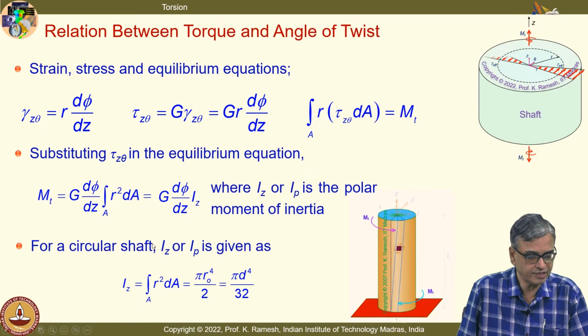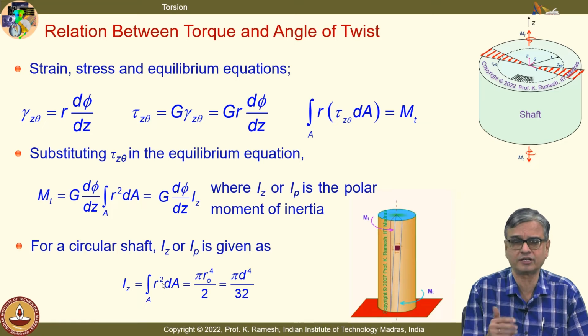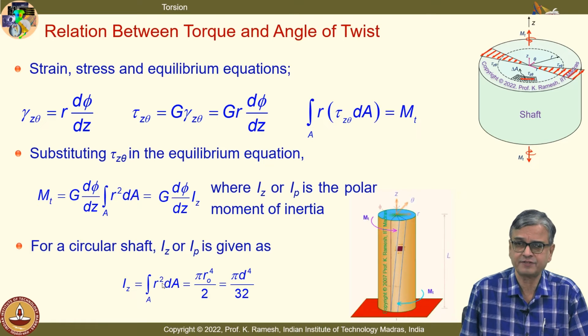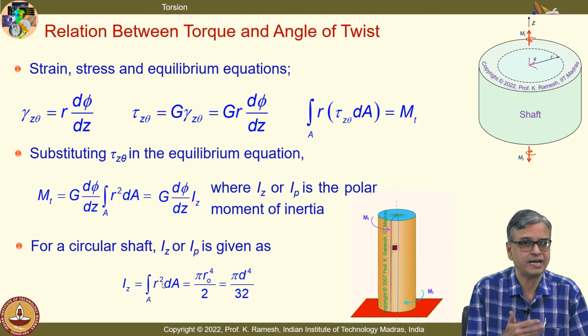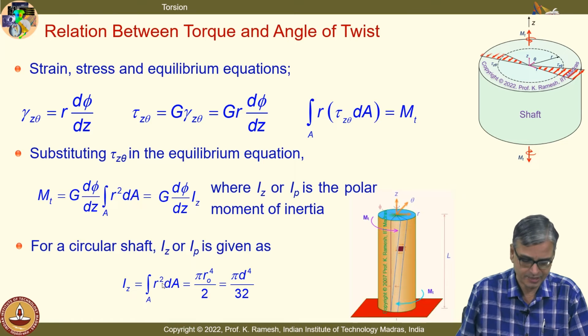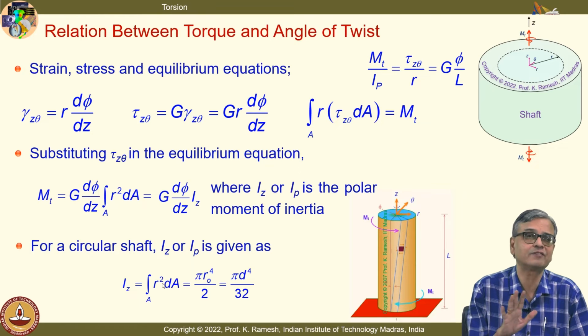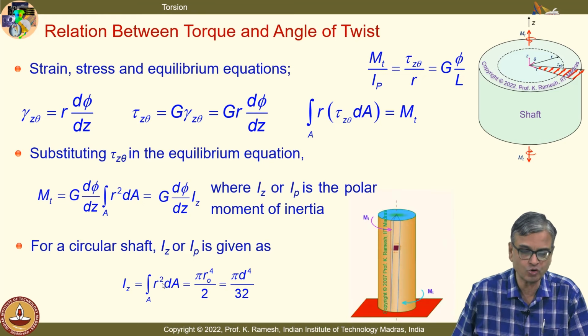and there is also interchangeable use of IZ or IP, because I said that in bending of beams IZ has a different connotation. So, it is better to look at it as IP for circular shaft when you are doing torsion, and look at IZ when you go for the bending of beams, or you can simply say that as I, if you understand how the equations are developed with respect to the coordinate system.